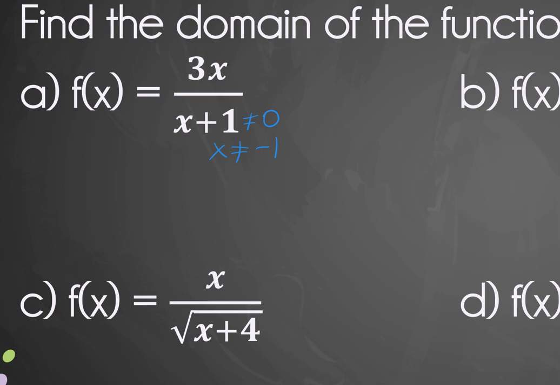And the way I write that is it can be from negative infinity up to negative 1 with a parentheses because it cannot include negative 1. Bracket means it includes it. Parentheses means it doesn't. And then the little u for union from negative 1 with the parentheses to positive infinity. So that is how we would write x cannot equal negative 1.